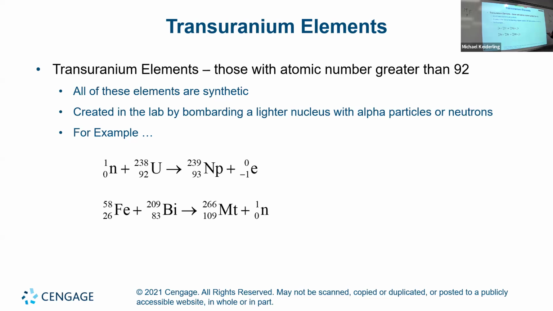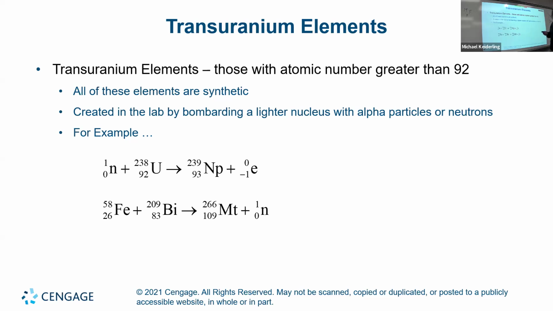For example, you can bombard uranium-238 with a neutron and get neptunium-239 and an electron. Part of the issue is that most of these things that are heavier than 93 don't last that long. So if they were around, they would have decayed.